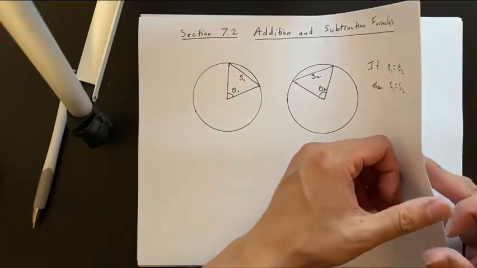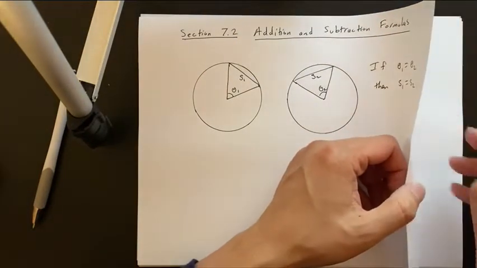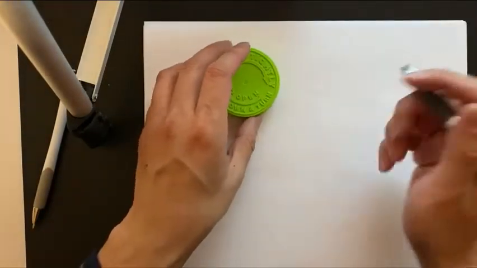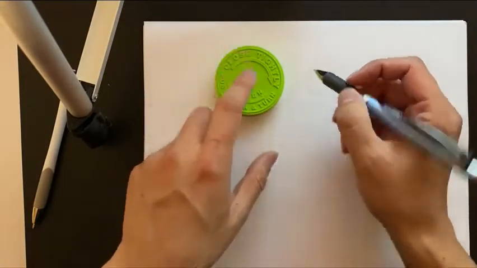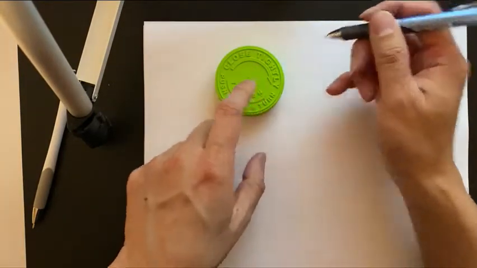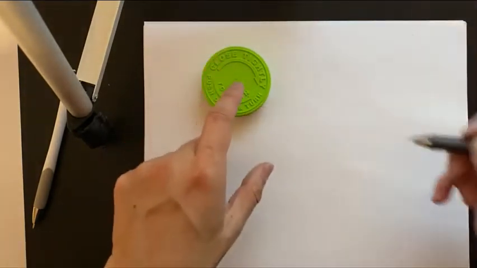Okay, so for the setup, I'm going to need a whole new page. And I'm just going to start deriving. I'm going to play around with the circle, construct the angles that I need, and see what we get in the very end.